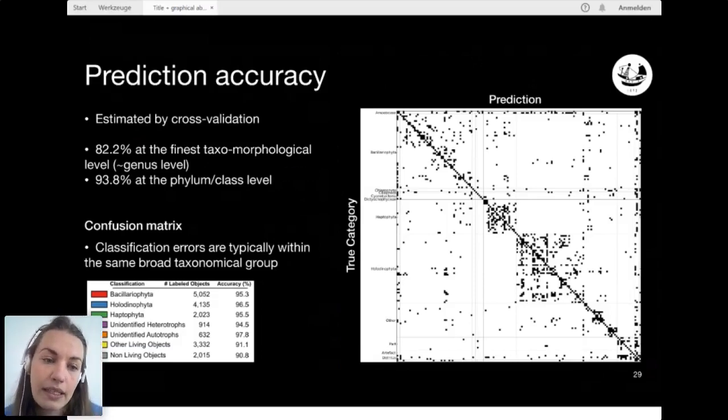And when you look at this confusion matrix, which plots the true categories versus the predictions of the algorithm, you can see these sort of boxes along the diagonal, which show that the classification errors are typically within the same broad taxonomical class. So the segregation into the main plankton taxonomic groups is quite reliable. But there's, of course, still room for improvement.